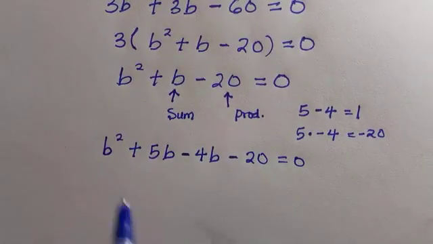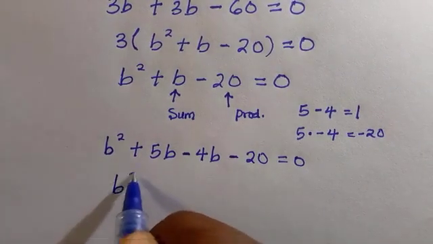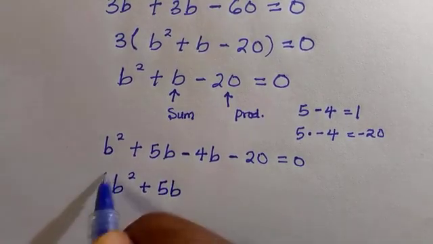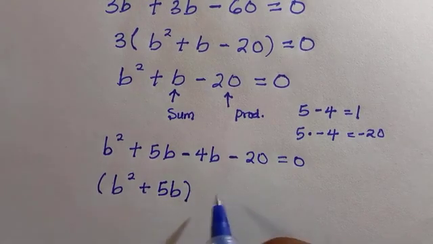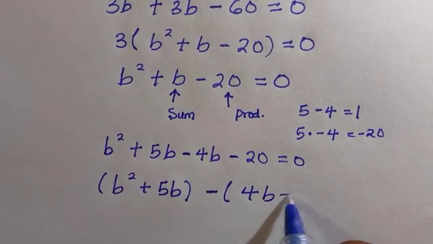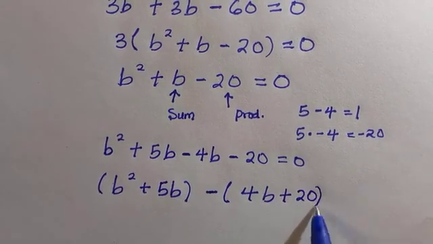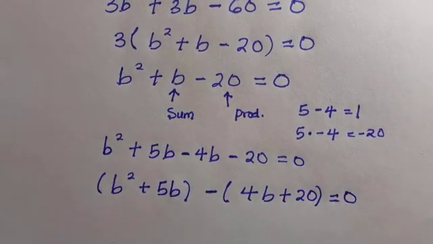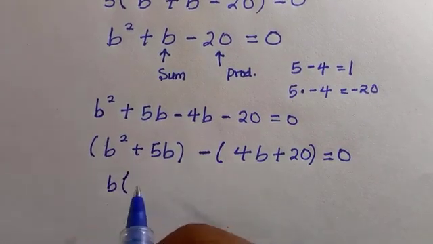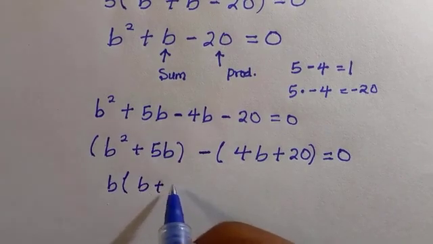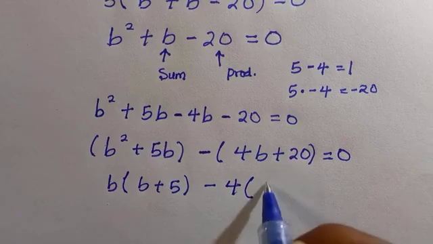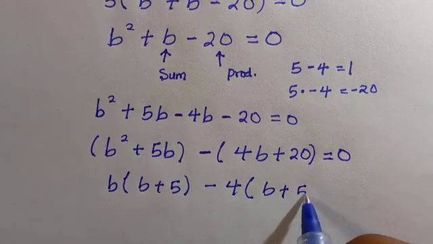We group this in two. The first two, b squared plus 5b, and the second two, minus 4b minus 20, equals 0. Here we have b common to both, so by taking it out we have b times (b plus 5), and taking out minus 4 we have minus 4 times (b plus 5).